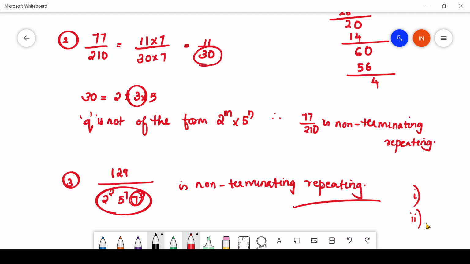And the third one: if the denominator q is not of the form 2 raised to m, 5 raised to n, we can say that it is non-terminating repeating. So is the session clear to you? Bye. Thank you.